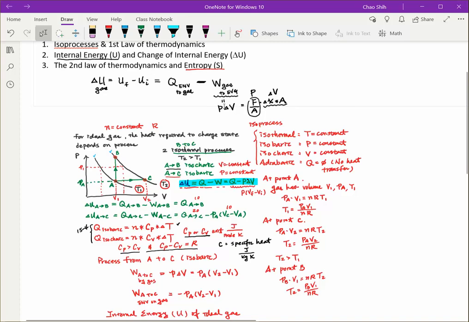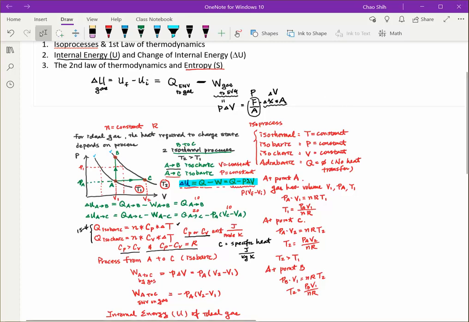Without looking at the pressure, if you look at the change of volume, our initial volume is at A, the final is at B. That change of volume simply equals 0 because volume is a constant in this process. So there's no volume change at all in this case. So for isochoric, the work is going to be equal to 0. Remember that is an important conclusion that you can use for calculations in the future.